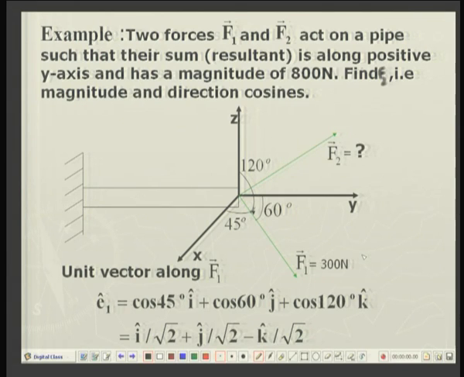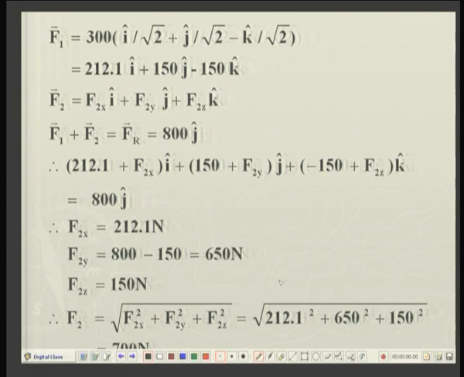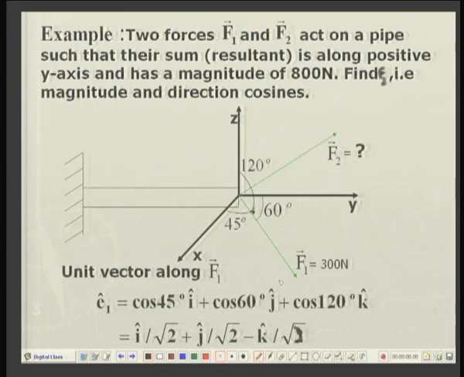You know the cosine of 45 degrees is 1 by root 2, and cosine of 120 degrees is negative 1 by 2.